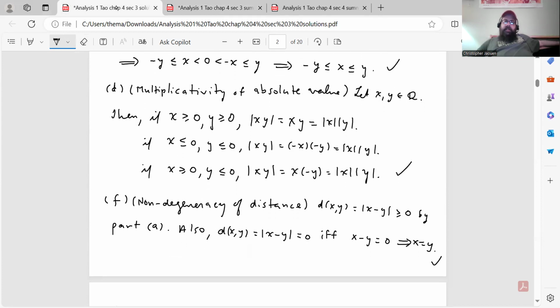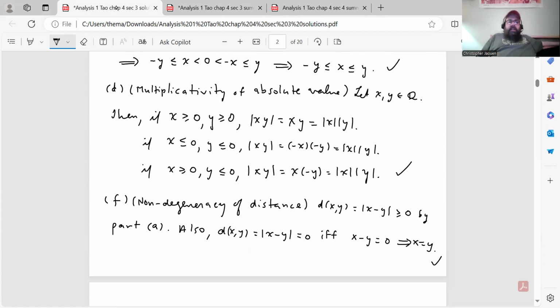So let x, y be rational numbers. Then if x is greater than or equal to 0, y is greater than or equal to 0, then absolute value xy is equal to xy because the product is positive, which is equal to absolute value x, absolute value y, so that works out.